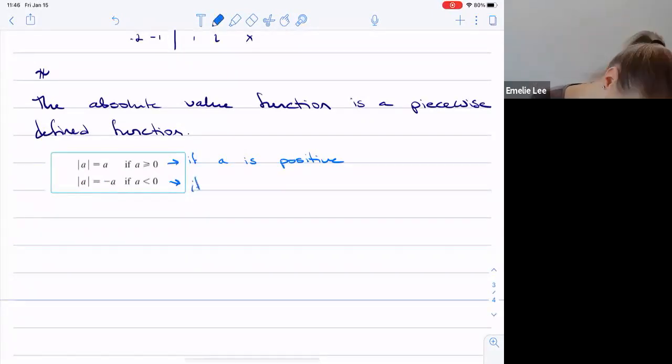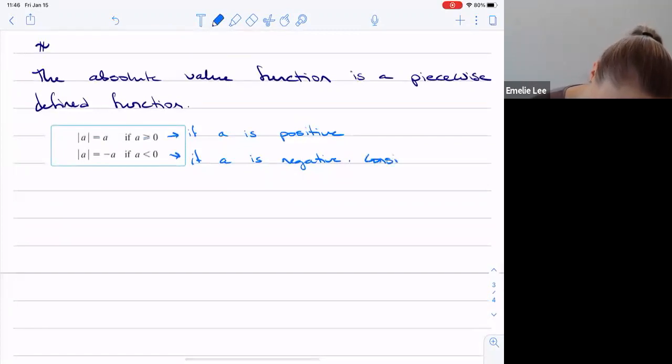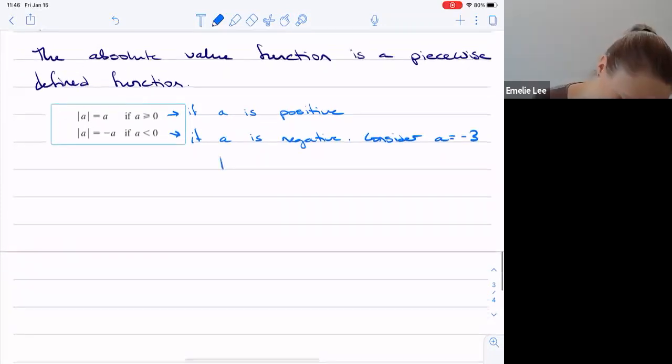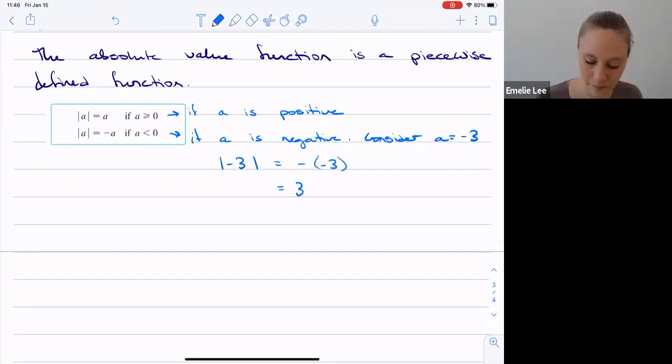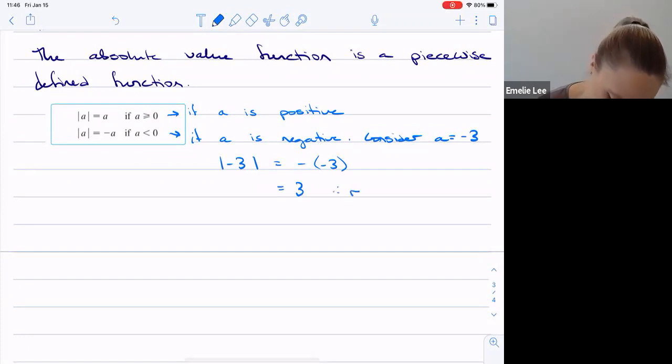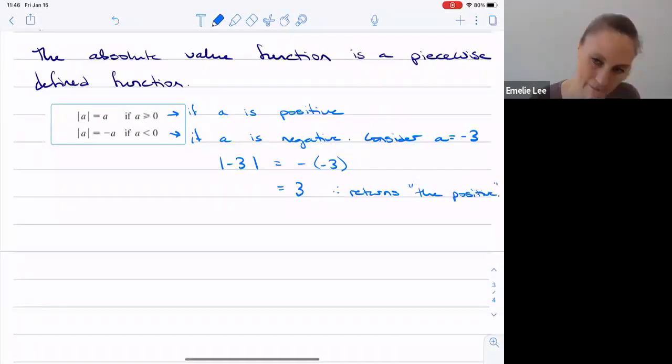So if A is negative, right? Consider A is -3, then the absolute value of -3 is negative -3, which is 3, right? Therefore, it returns the positive, kind of in quotes, kind of drops the negative.